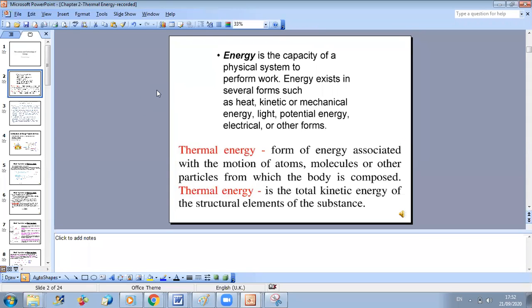Now, thermal energy is one of the possible forms of energy, and it is associated with the motion of atoms, molecules, or other particles from which the body is composed. This is why we can say, in other words, that thermal energy is the total kinetic energy of the structural elements of the substance. Okay?